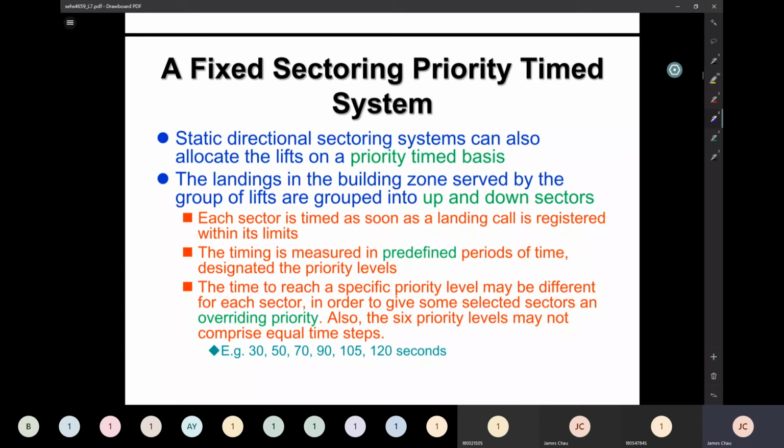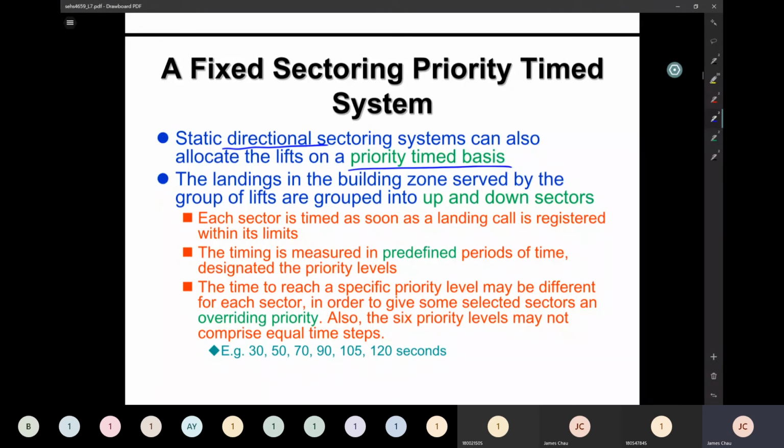In this approach, we again use the directional sector system, so that we group the lifts in the upward sector or downward sector, and they are ordered on the priority time basis.